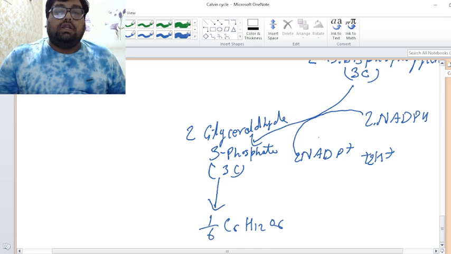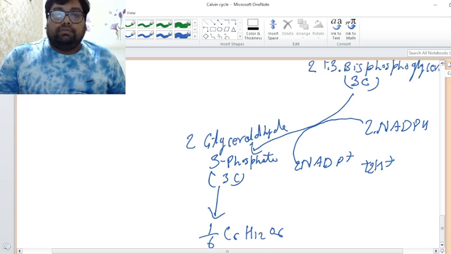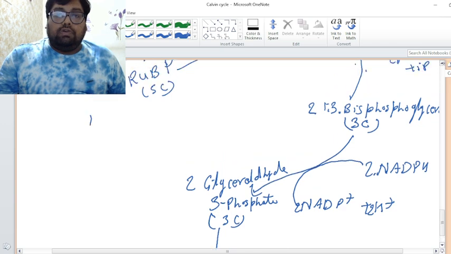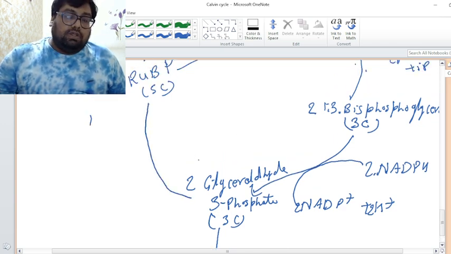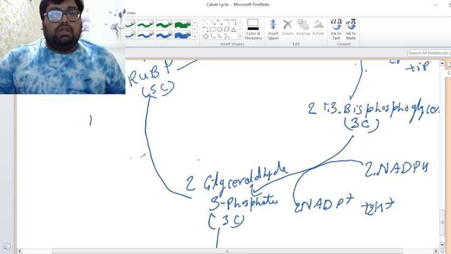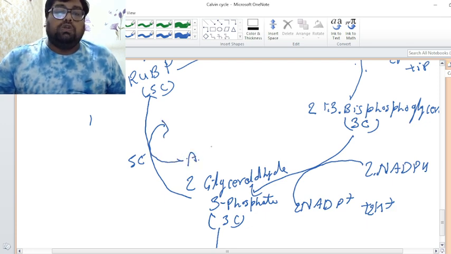Of the 6 carbons, 1 carbon is utilized for C6H12O6, glucose production, and the remaining 5 carbons undergo regeneration. These 5 carbons go for RuBP regeneration using ATP, which becomes ADP plus inorganic phosphate.